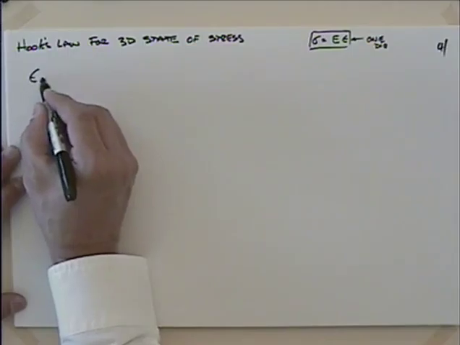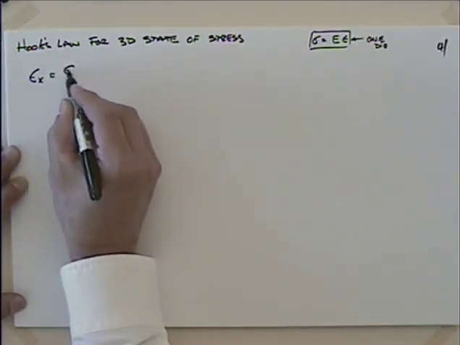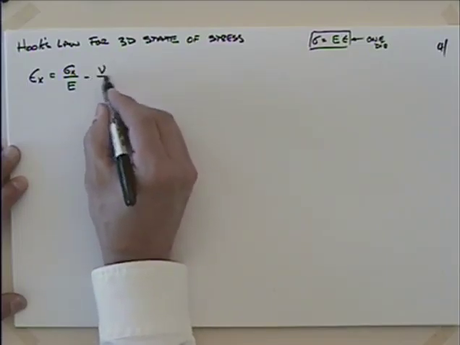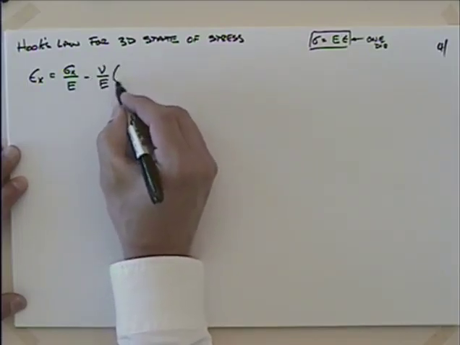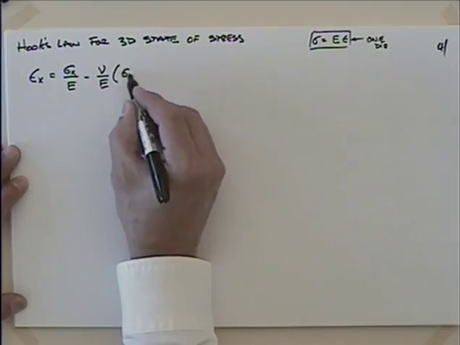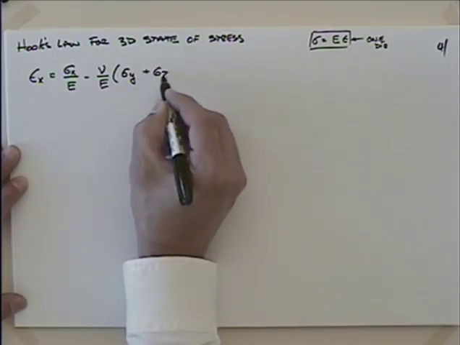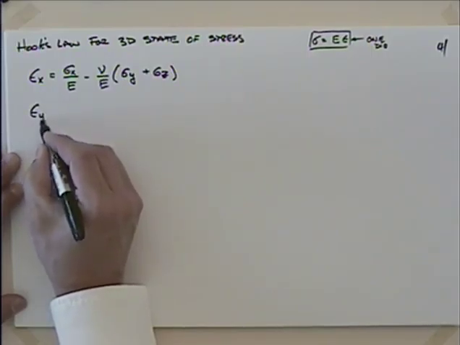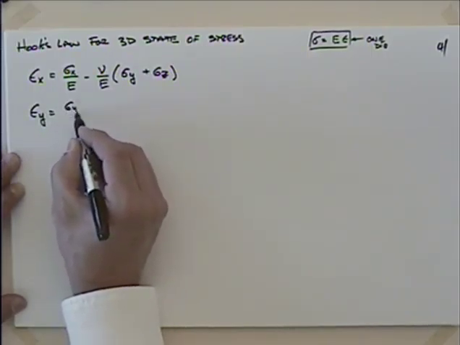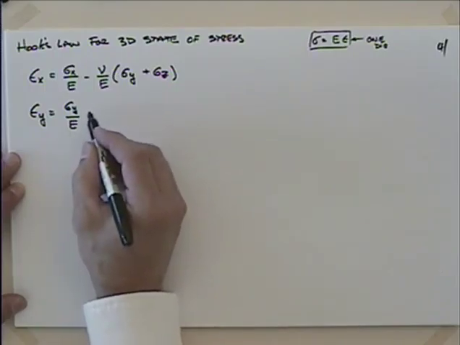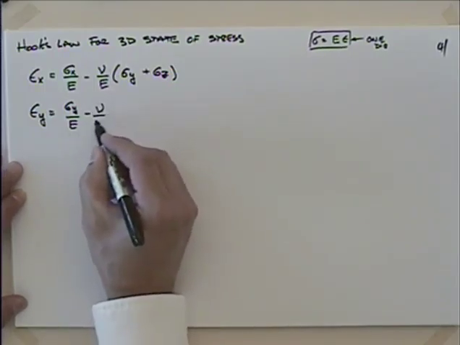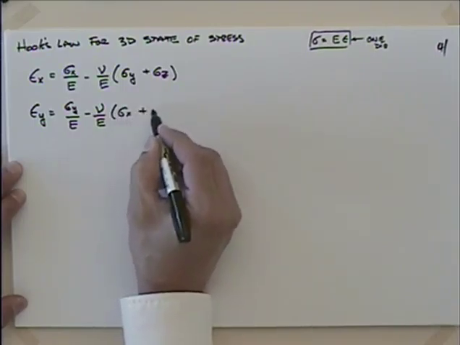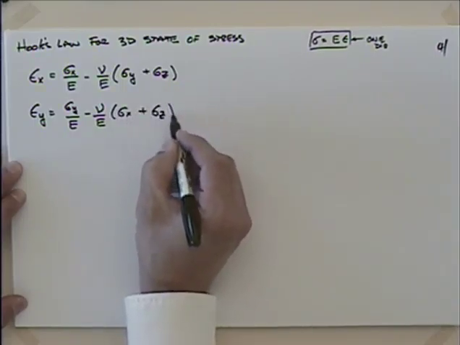So we can talk about epsilon x, that would be equal to sigma x over Young's modulus minus Poisson's ratio over Young's modulus times the sum of sigma y plus sigma z. And we could talk then about epsilon y, that would be sigma y over Young's modulus minus Poisson's ratio over Young's modulus times the quantity sigma x plus sigma z.